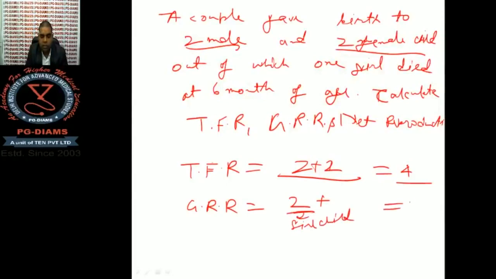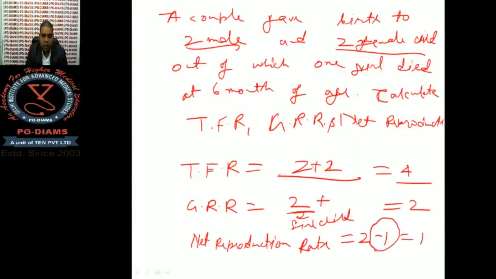So gross reproduction rate will be 2, which is half of TFR if the boys and girls ratio is equal. And then net reproduction rate will be equal to 2 minus 1 equal to 1. Why minus 1? Because one girl died at 6 months of age.